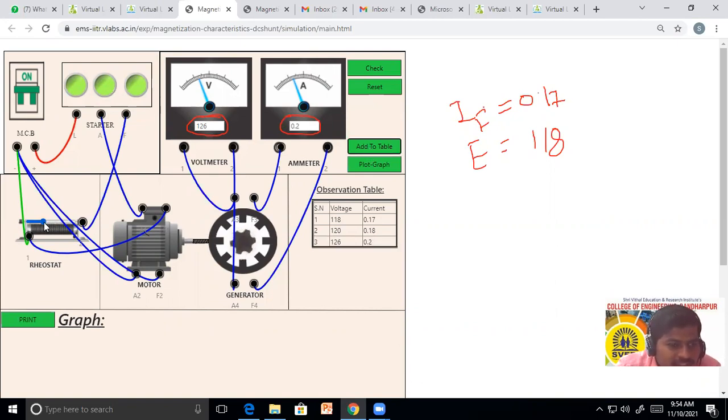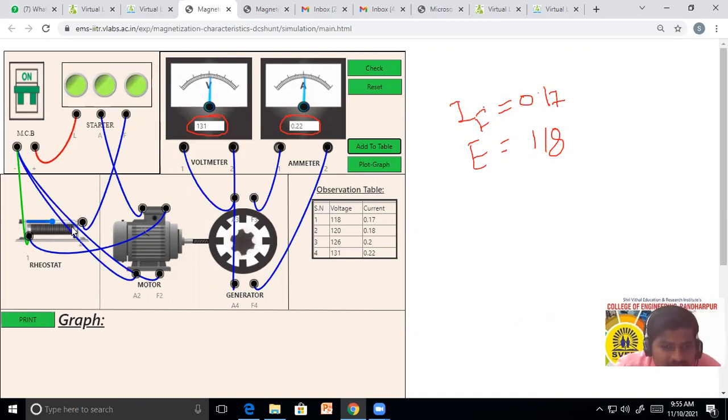Again, by varying this rheostat, the voltage after varying is 131, and the current of the field winding is 0.22. So just add it to the table.